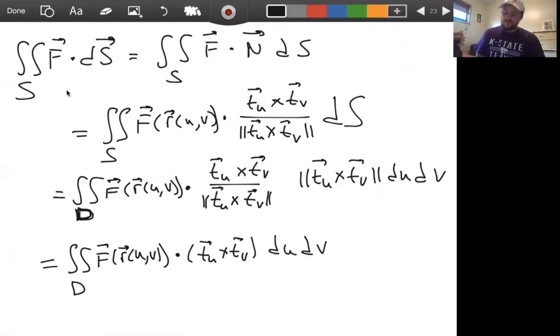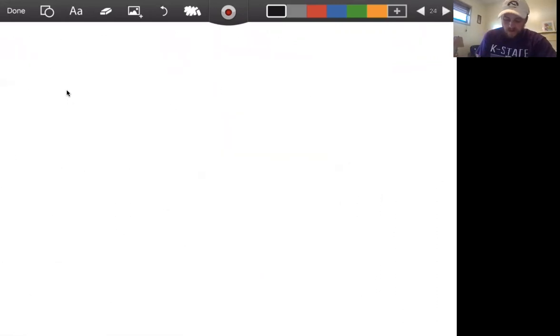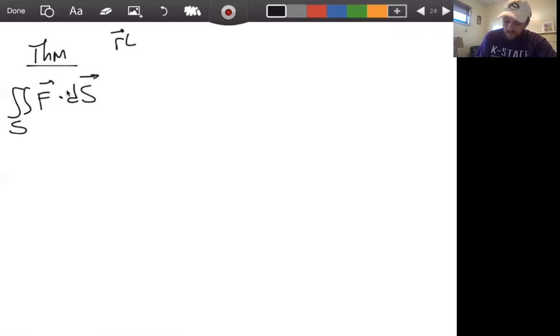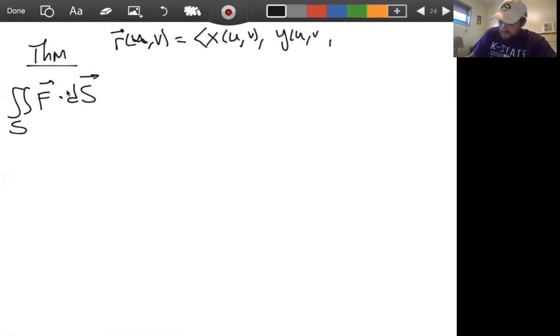And here is our most explicit version of being able to calculate a vector surface integral. You can take it as a theorem, maybe, that for the vector surface integral of F dot dS, we let R of u,v equal x of u,v, y of u,v, z of u,v.